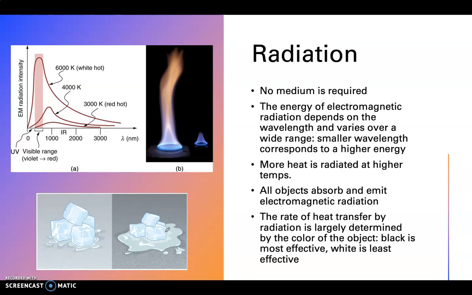So let's go ahead and look at this here. This is a plot of intensity versus the wavelength. And this little section right here is going to be our visible light range. This is what we can see with our eyes, and that's going to be colors violet through red. So violet has the shortest wavelength in the visible range, while red has a longer wavelength.